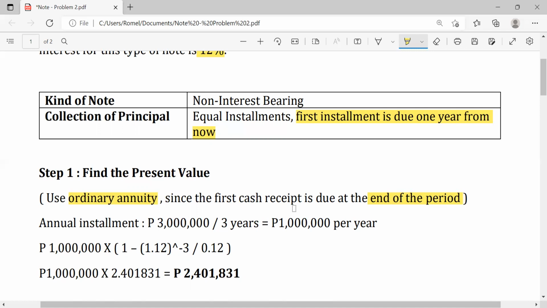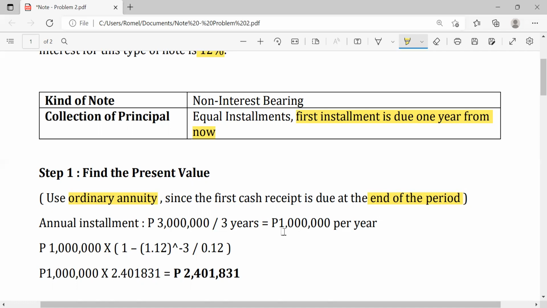Kasi equal installments. So equal cash inflows for every year. So since equal ang installments, we will be using annuity formula. And what annuity formula will we use? We will use the ordinary annuity kasi ang cash flow, it will be due at the end of the period.